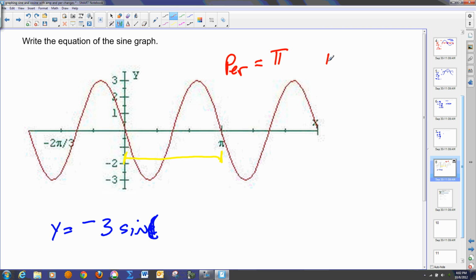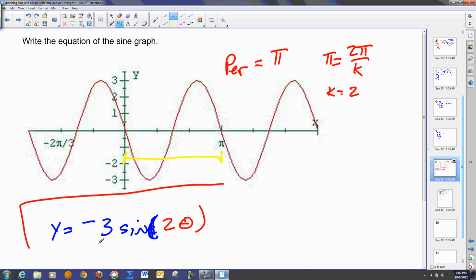I know that the period is equal to 2 pi over the k value. Therefore, k has got to equal 2. So I fill this in here, and this is the equation of that graph. Again, it's important that they tell us if it's a sine or a cosine graph, at least at this point.